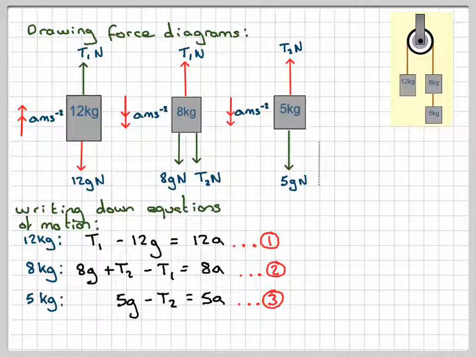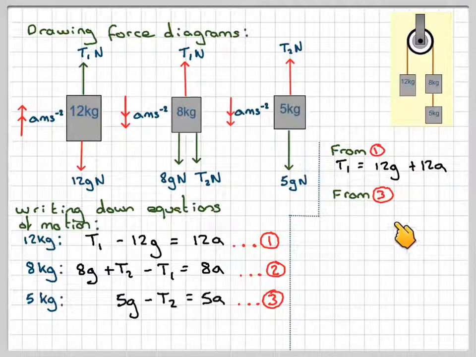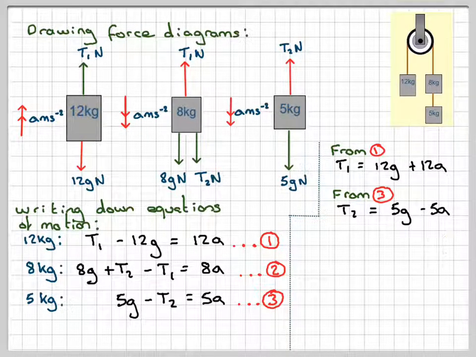Right, so from 1, we can say that T1 is going to be 12g plus 12A. And then from 3, we can say that T2 is 5g minus 5A. Just pause the video if you're not sure about that.